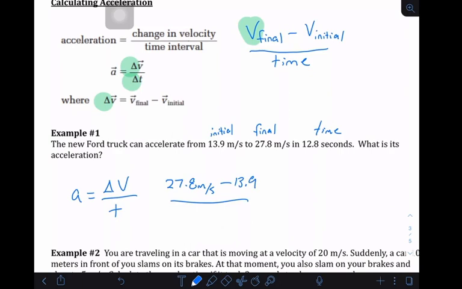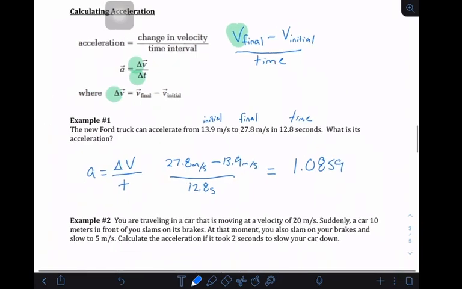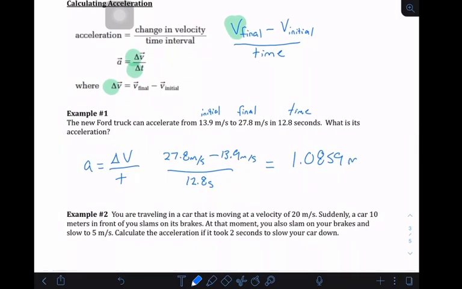And we divide that, meters per second, by 12.8 seconds. 27.8 minus 13.9 divided by 12.8 is 1.0859. That's in meters per second per second.